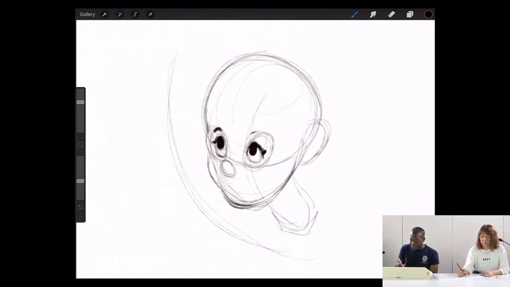If you're just busy trying to make some diagram of a child, it's going to look like a diagram of a child. But if you put something that you love about kids, it's going to read.